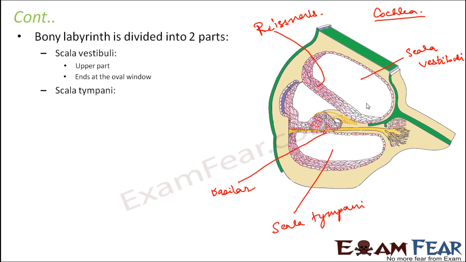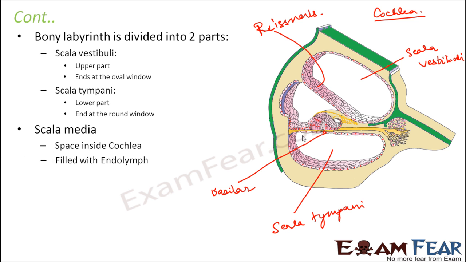You remember which is the oval window? The oval window of the inner ear. So it ends somewhere here. Scala tympani is the lower part, and it ends at the round window. So that is how the internal structure is linked.